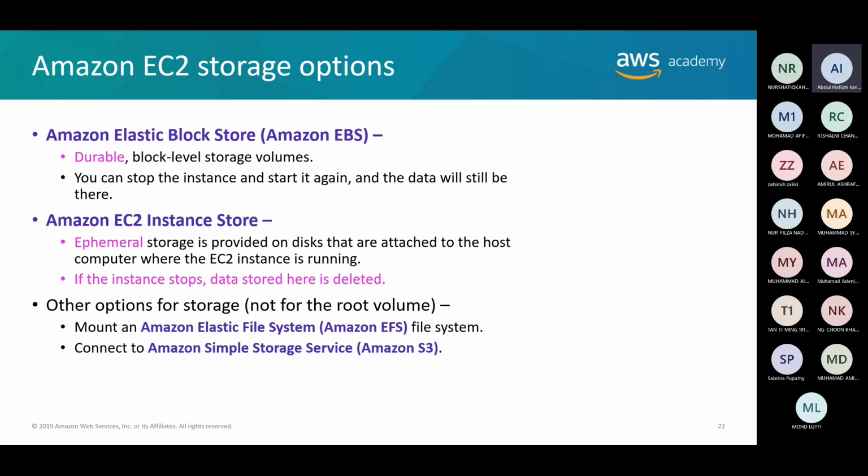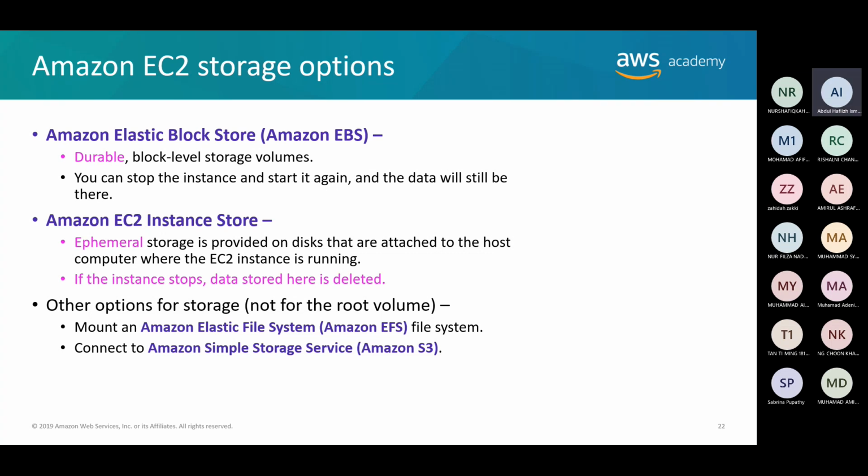So dalam untuk EFS ni dia automatic lah. Kalau untuk EC2 instance store dengan EBS ni kita kena buat manually. Tapi untuk EFS ni dia automatic lah. Kalau kita simpan banyak dia akan automatically tambah lah. Kalau kita reduce dia akan automatically reduce.